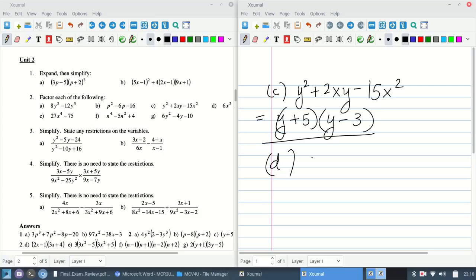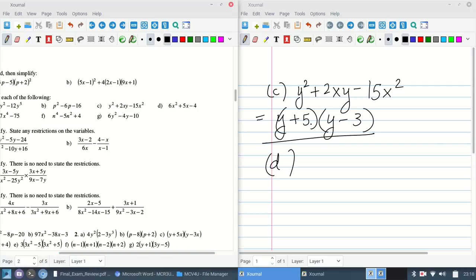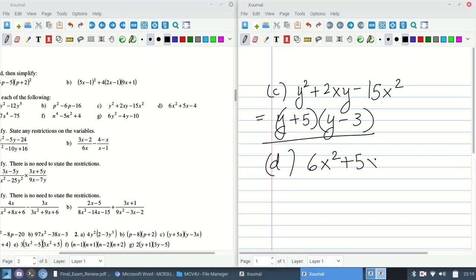Next, we've got part D. Let me see if I can move it. Okay, 6x squared plus 5x minus 20. Minus 4. I need 2 numbers that multiply to 6 times 4, that's 24, and have a difference of 5.